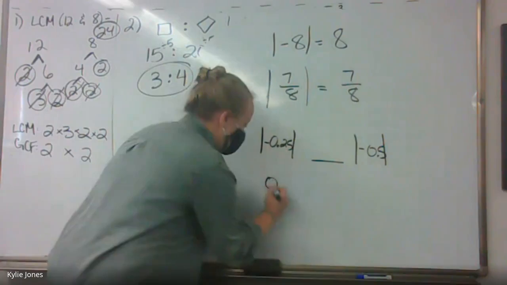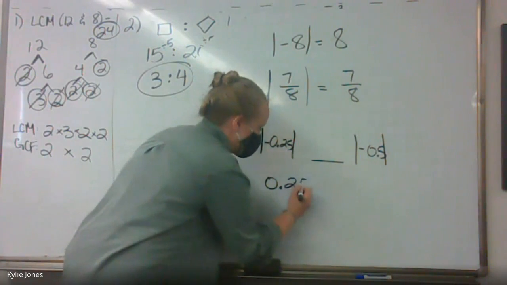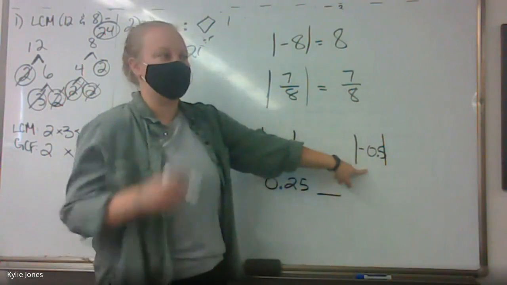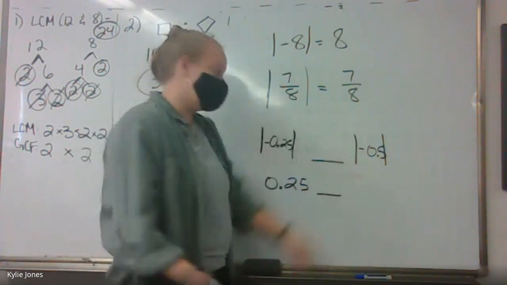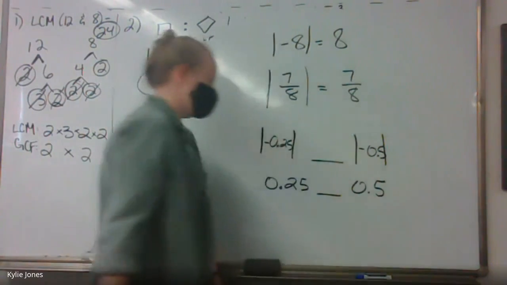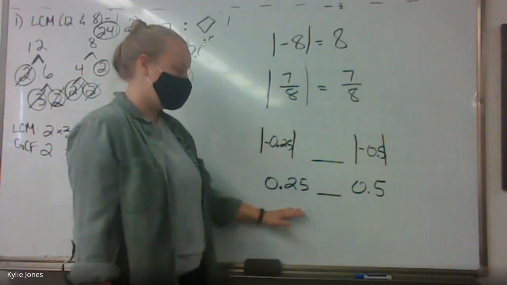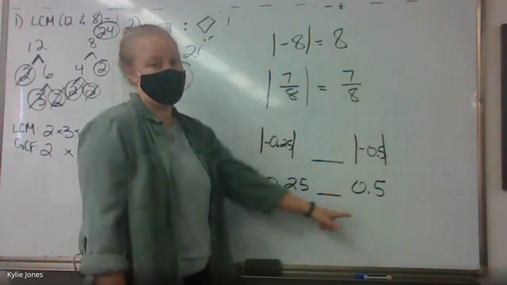It goes positive 2500. And then what is the absolute value of negative 5/10? Turns into a positive 5 tenths. Now we need to compare. Is 2500 less than, greater than, or equal to 5/10?